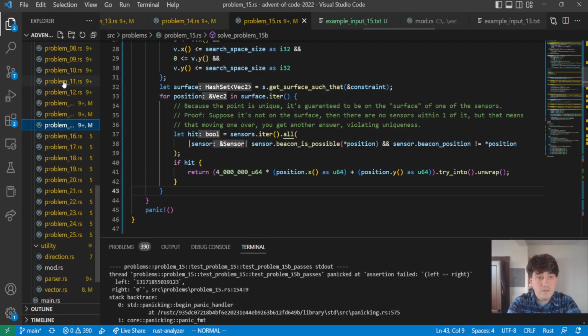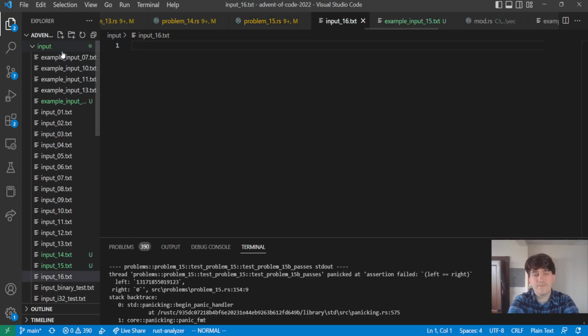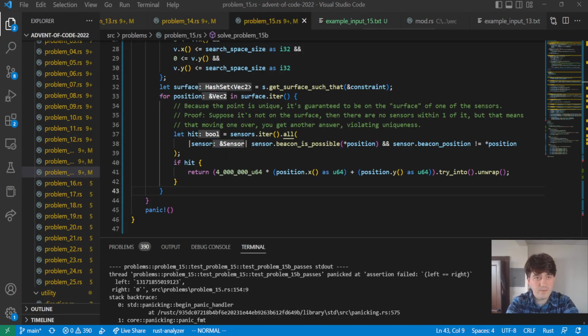Input 16.txt. And do we have example input also? Yes, and we'll put it in a file.